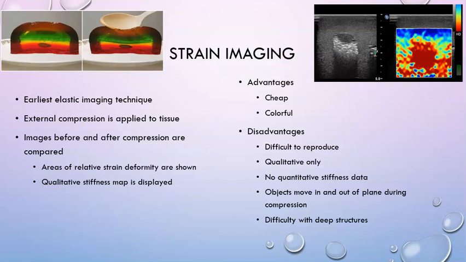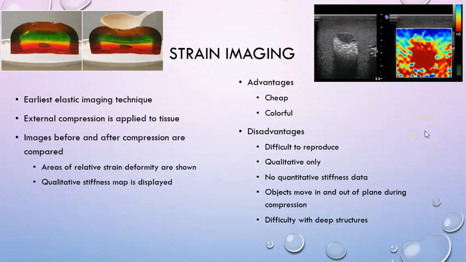And we do that with a qualitative stiffness map. And what I mean by qualitative stiffness map, when you look at this color map here, it has hard, and the other end it's cut off, but it says soft. Okay, so blue is soft, red is hard, and that's all it tells you. It doesn't tell you how hard or how soft.